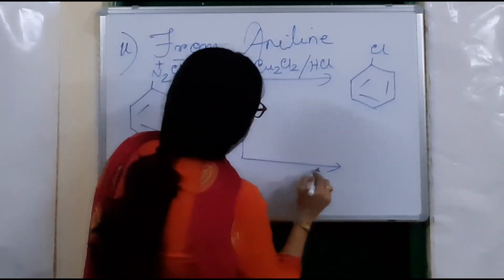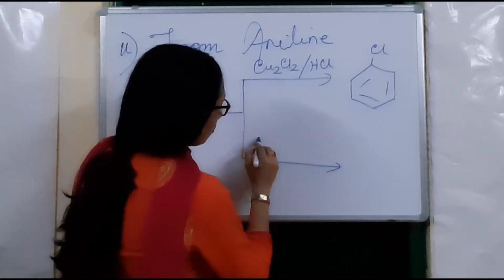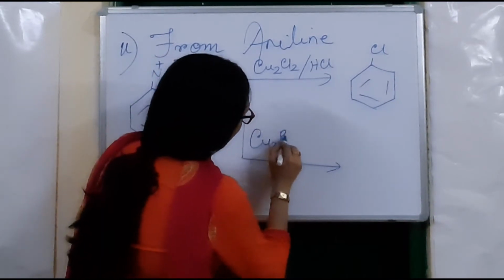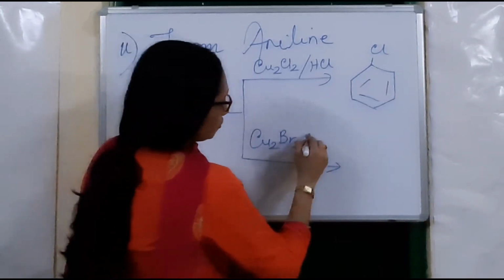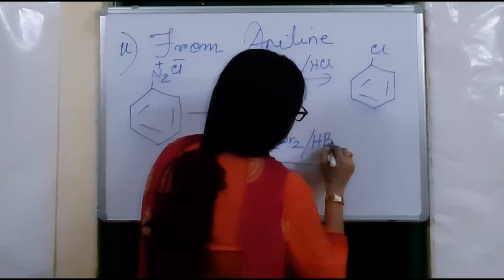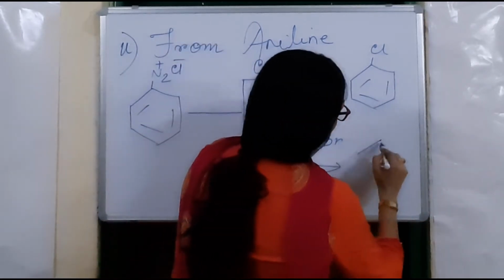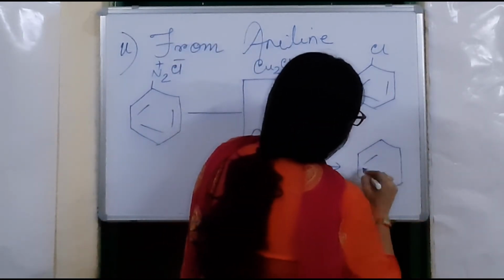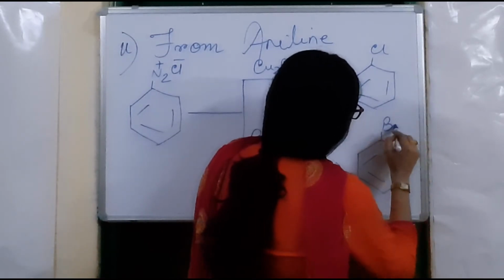Similarly, if I treat this benzene diazonium chloride with cuprous bromide in the presence of the halogen acid HBr, we will get bromobenzene.